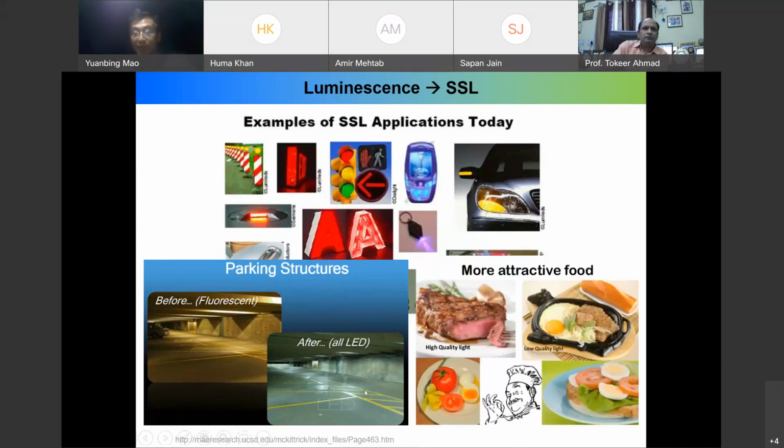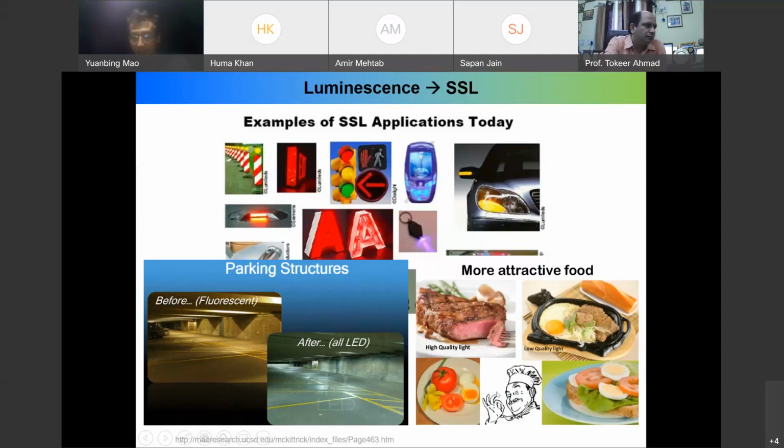So then, because of the different lighting sources, even the food could become more attractive. You will see that when we use a high quality light, this looks much more attractive. This is with low quality light, and you will see the difference.